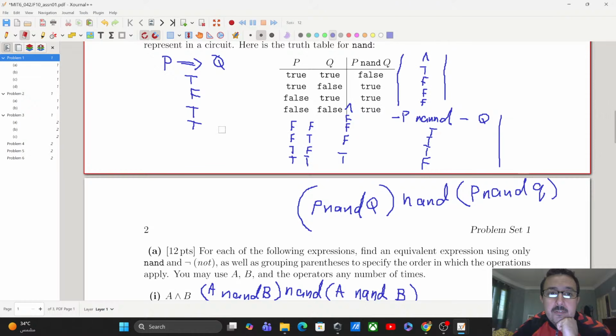We need TFTT. So we got T, and it's going to be only, it's going to go true, false. It's not what we're looking at.